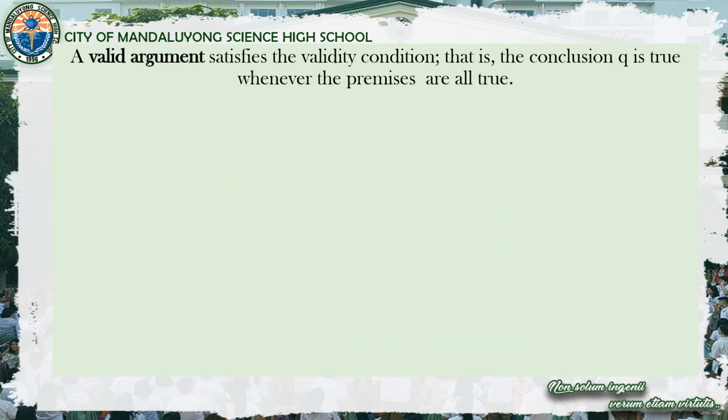The first one, when do we say that an argument is valid? If it satisfies the validity condition. That is, the conclusion Q is true whenever the premises are all true.